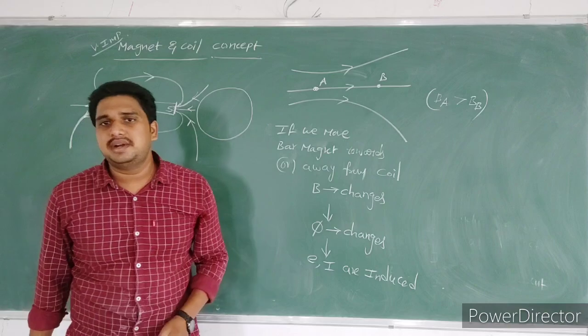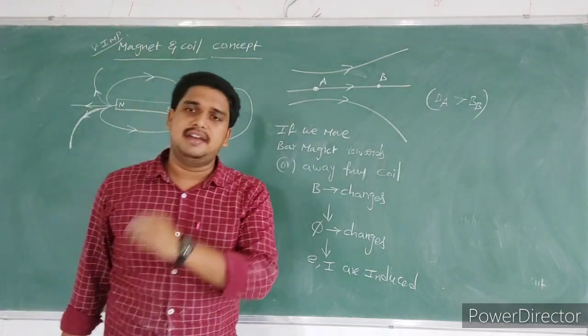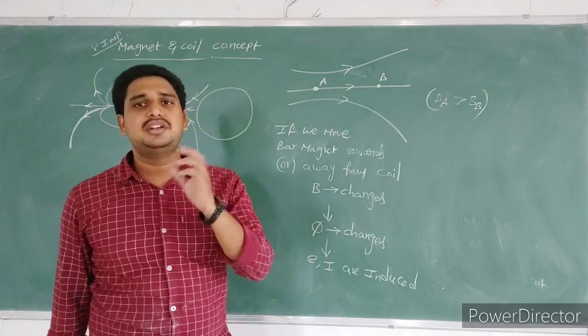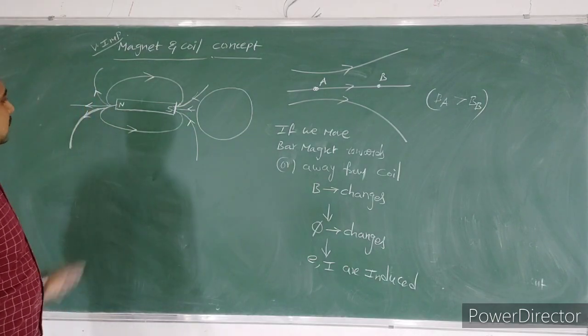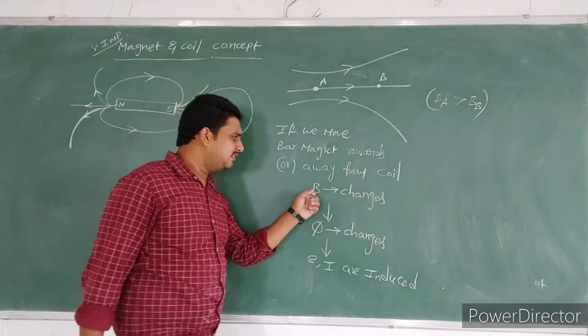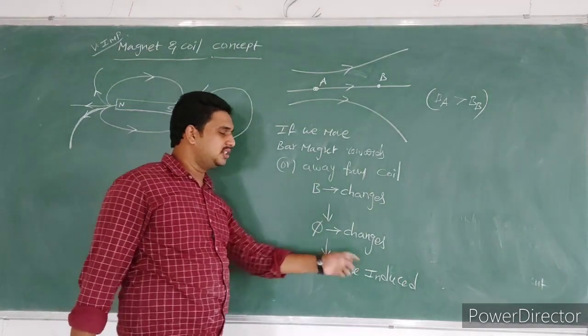So what is Faraday's statement? If the magnetic flux linked with the coil changes, definitely EMF or induced current is developed in that coil. So observe carefully here: if the magnetic field changes, the flux changes. Flux changes means EMF and induced current are induced.